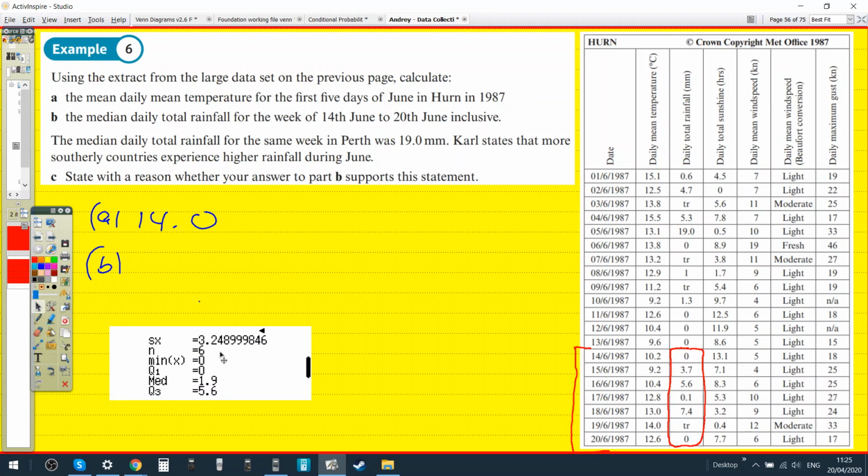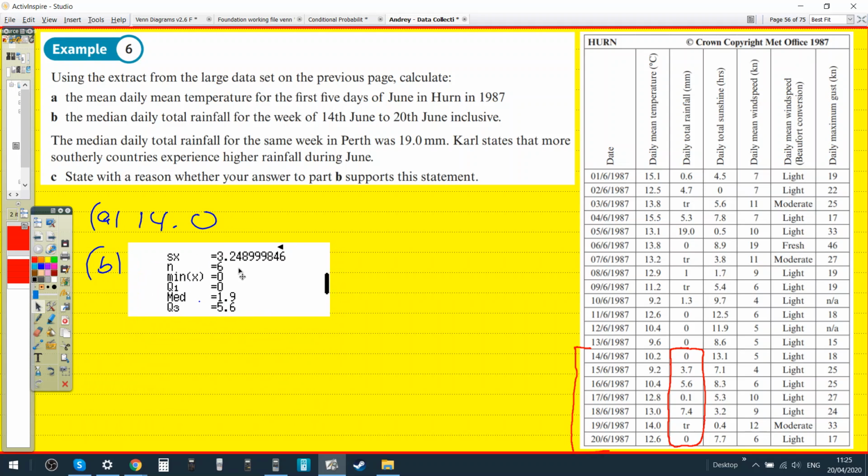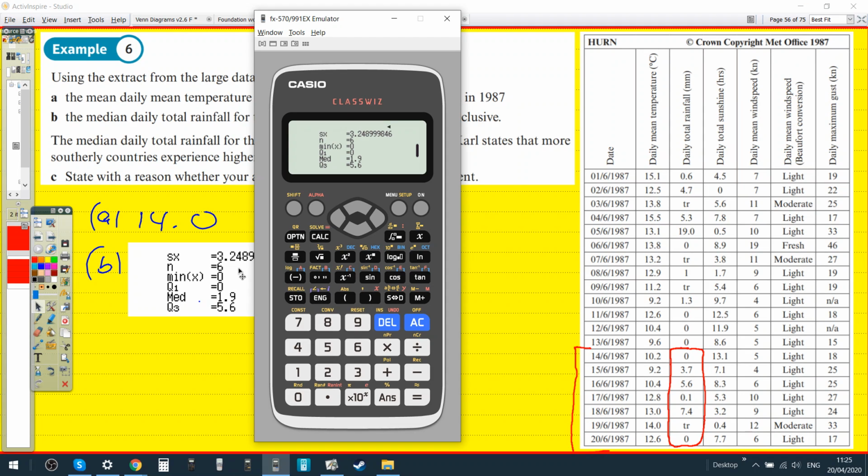So my midpoint is 1.9. So I went to menu statistics in the simple calculator. And I just put them in. So X was 0, 3.7, 5.6, 0.1. So you can see that going down.